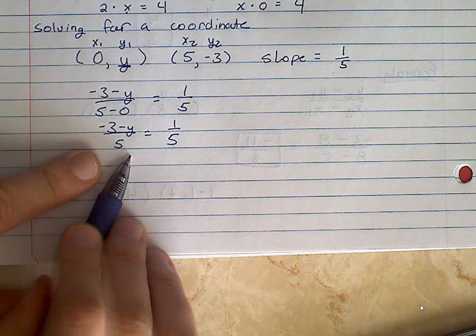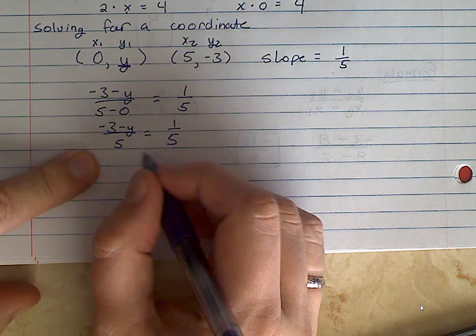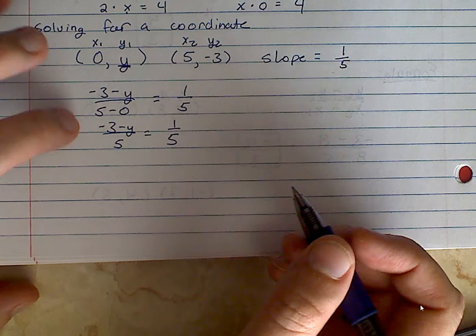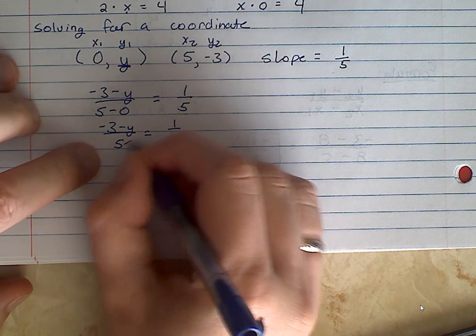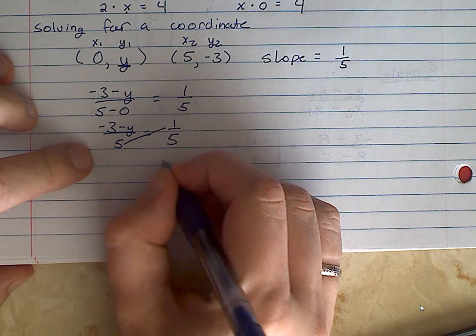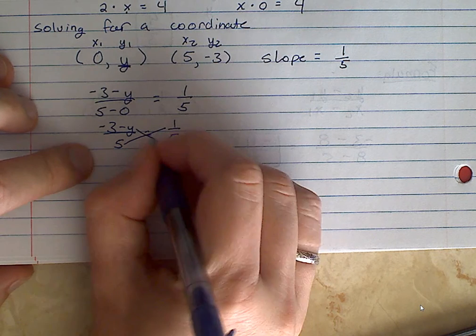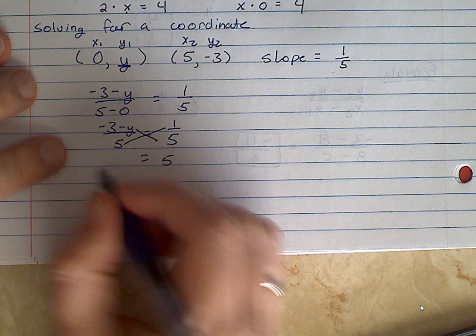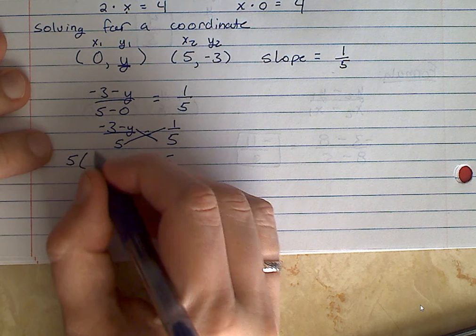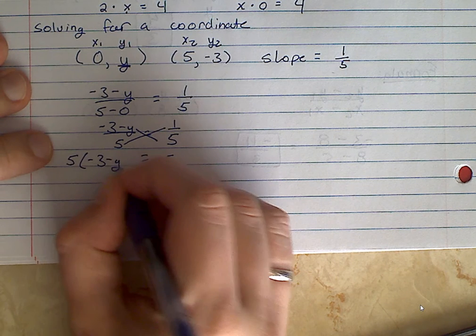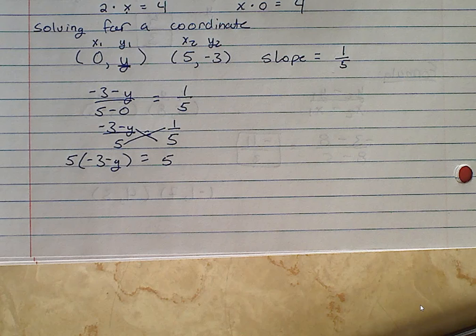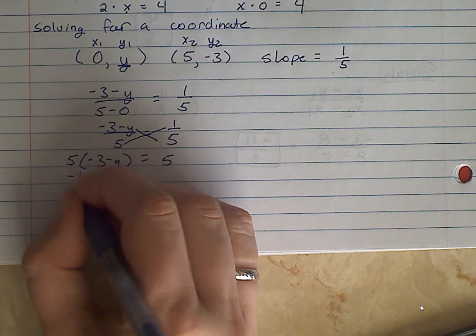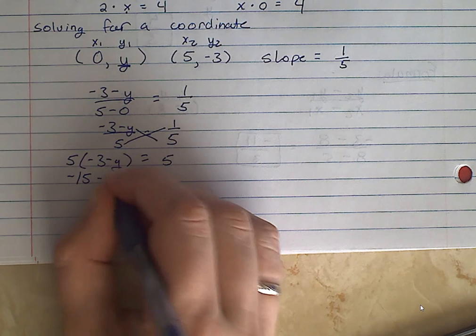I'm going to do the cross product, or I can use the fishy method. Doesn't matter. So let's say I want to do cross product. I'm going to do 5 times 1 on one side, which is 5. And on the other side, I'm going to do 5 times this whole thing. So I'm going to do 5 times, in parentheses, negative 3 minus y. So from here, it's solving a multi-step equation. So I'm going to distribute: negative 15 minus 5y equal to 5.